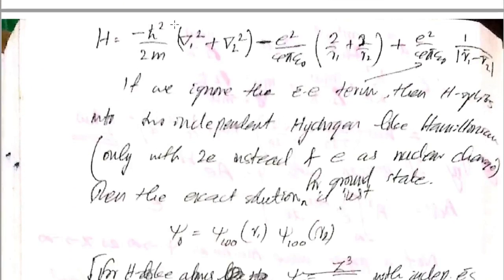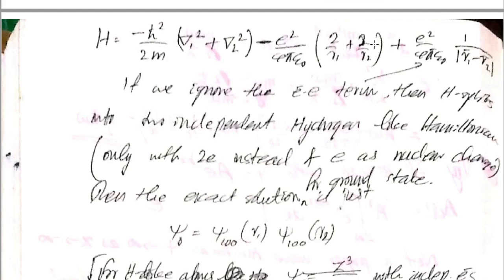So the Hamiltonian can be written as minus h cross square by 2m into del 1 square plus del 2 square, minus Ze into e by 4 pi epsilon 0. Here Z will be 2 because 2 is the atomic number of helium atom. There are two protons in the nucleus of helium atom, and for each electron there is a negative charge minus e. So it becomes 2e into minus e, that is minus 2e square. So it is minus e square by 4 pi epsilon 0 into 2 by r1 plus 2 by r2, 2 by r1 for one electron and 2 by r2 for the second electron.